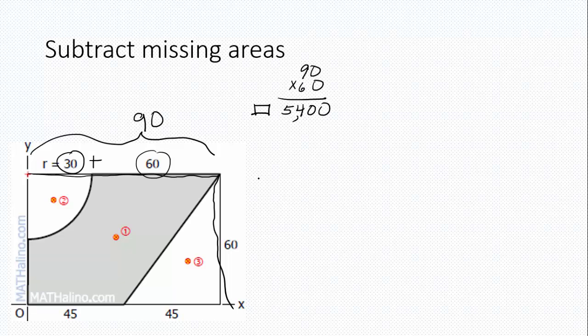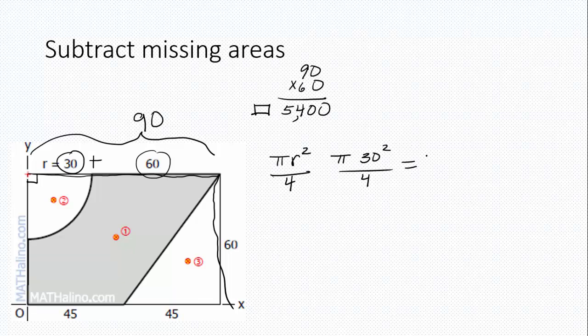Okay, then we need to do some subtracting, but let's look at this area that's cut out. This isn't a circle, it's a sector of a circle. Since this is 90 degrees right here, 90 out of 360 is 1/4. So we're going to take 1/4 of the circle. So we're going to use our regular circle formula for area, but divide it by 4. Okay, the radius is given as 30, so that's pi times 30 squared over 4.